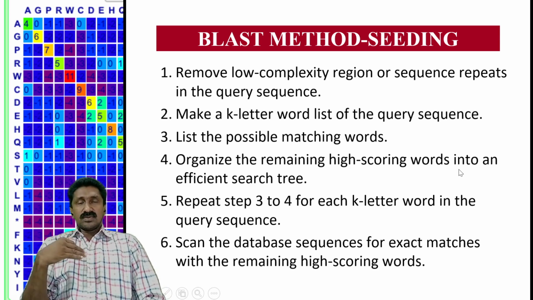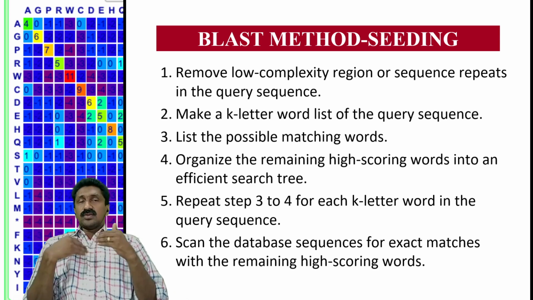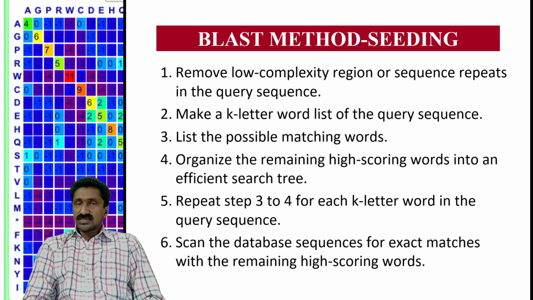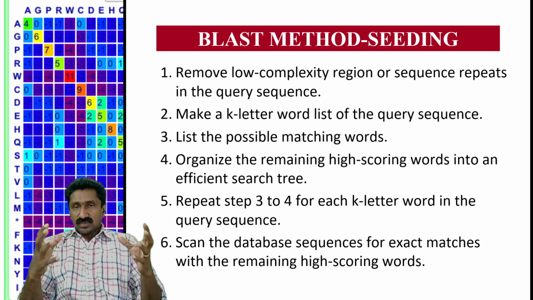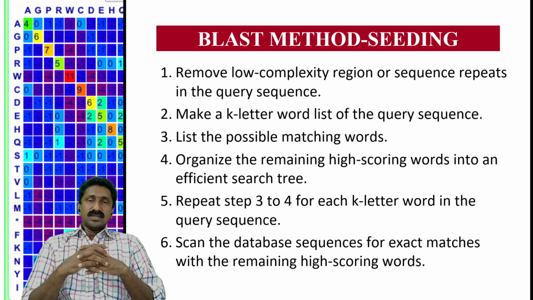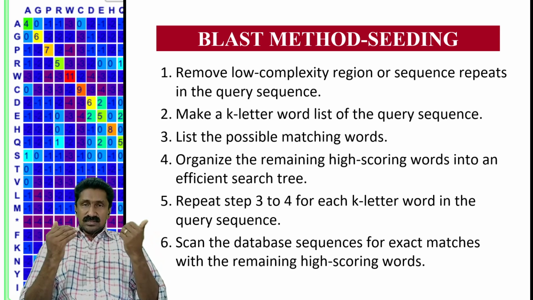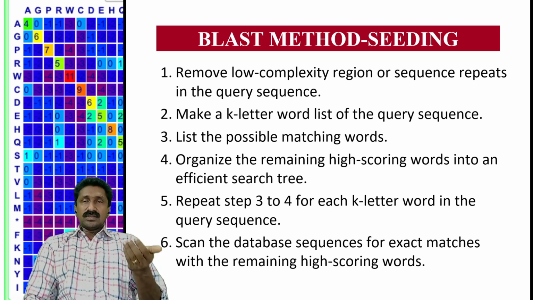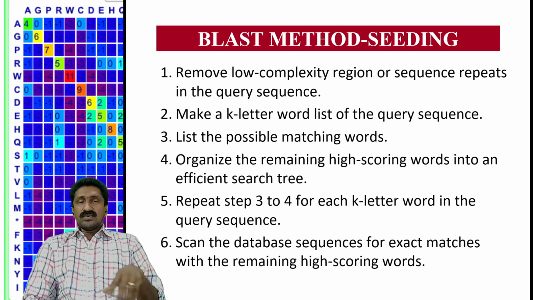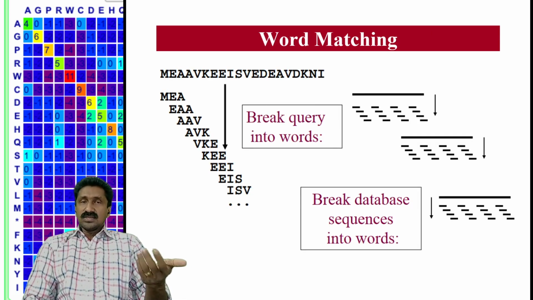So the database sequence will be compared against your query words that are generated. This part is already discussed in one of the previous sessions, where what a keyword is and how the query words were generated were already addressed. So accordingly, after removing the low complexity regions, the keywords will be generated, and that list of keywords will be queried against the database words.